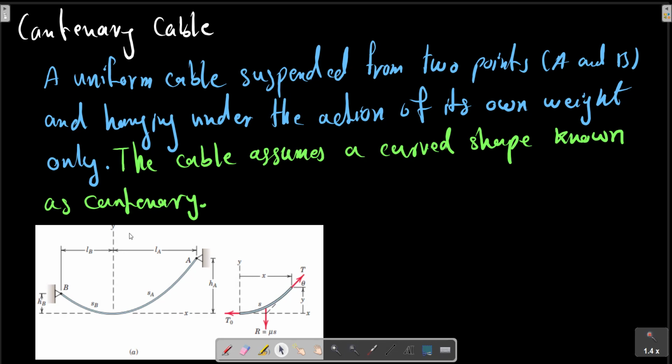This picture provides an example of a catenary cable.